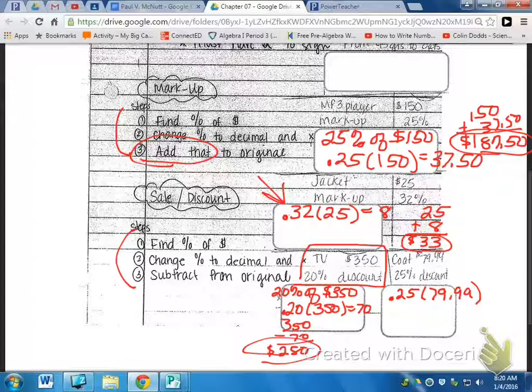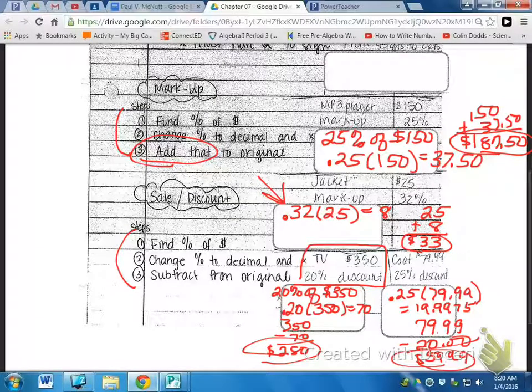It comes out to 19.9975. So really, how much would that discount be, Dakota? $20. Okay, so what am I going to do with the $20? Subtract from $79.99 minus $20. $59.99. Okay, good. All right, are there any questions?